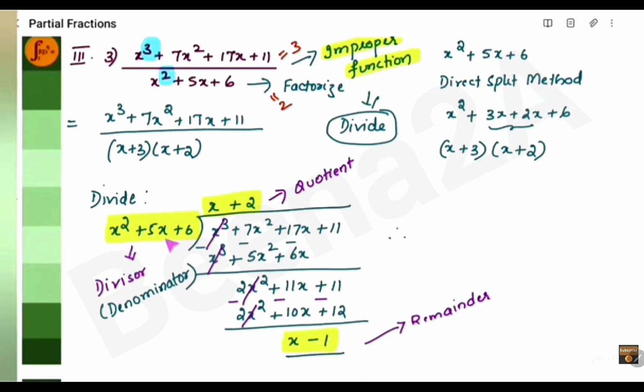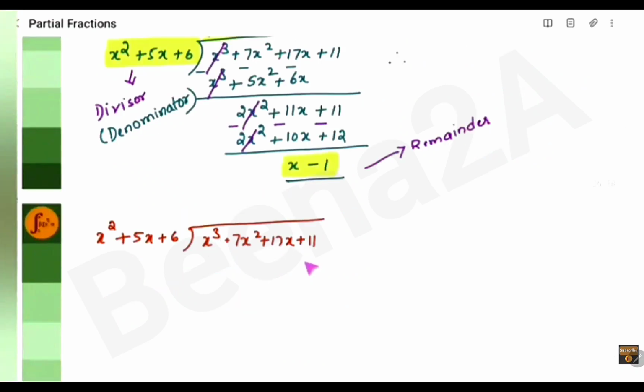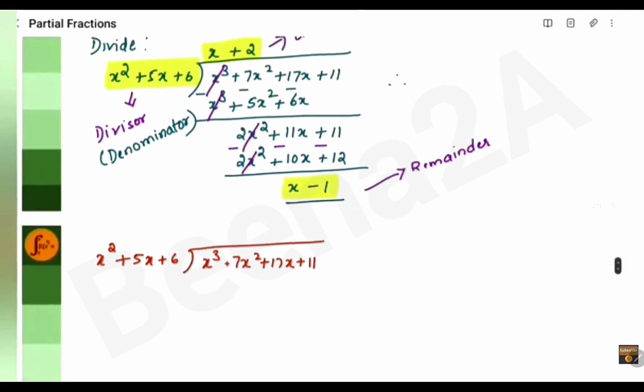So we'll take this denominator here, put the numerator here, and let's solve this step by step so that it becomes clear. Now I'll take this x square first, and here the first term is x cube. Now I have to multiply this x square with something so that I get x cube.